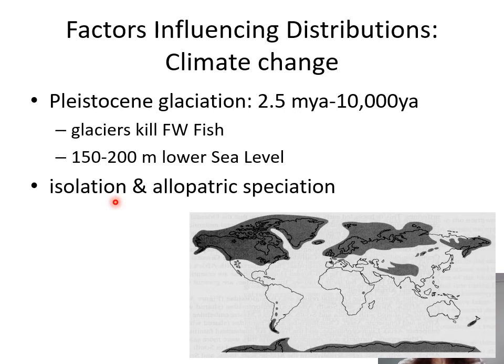They'll adapt to the local conditions and it'll change just enough that now once they're reunited and the water levels rise, they're no longer able to interbreed and you have 2 distinct species. So while we may think that it's going to kill off everything, it may actually increase diversity depending on how those isolated populations survive.